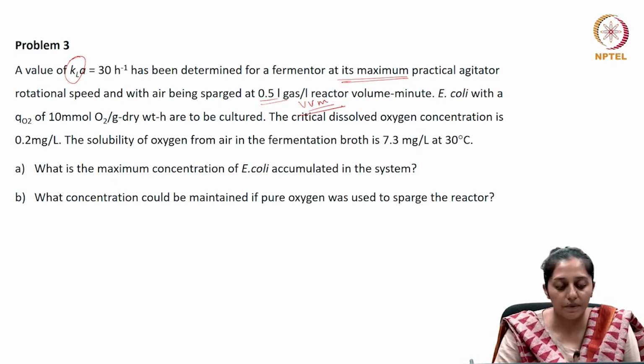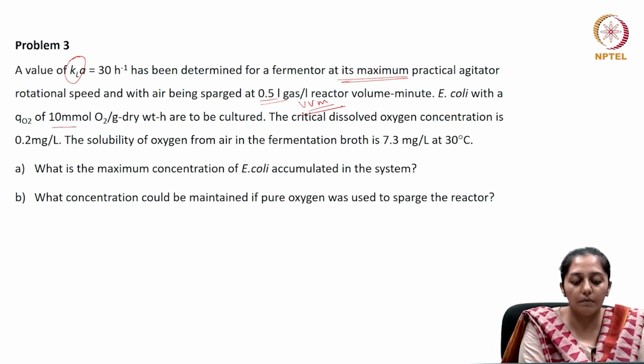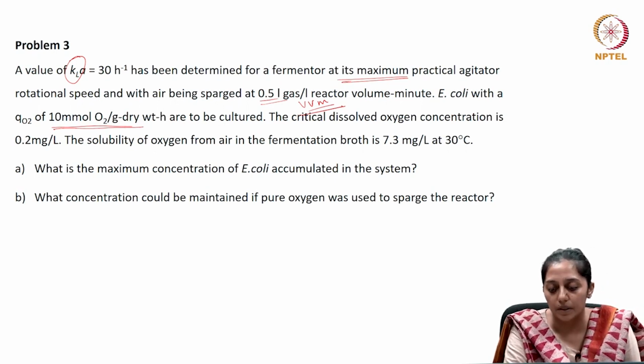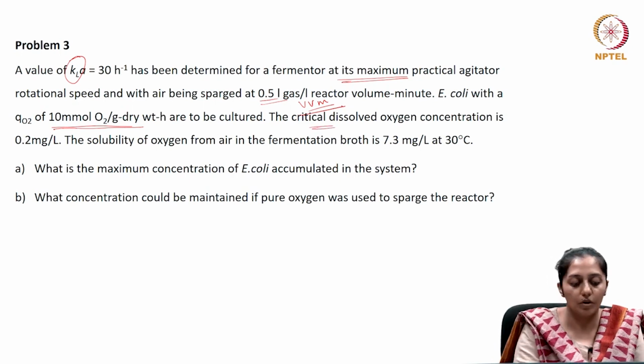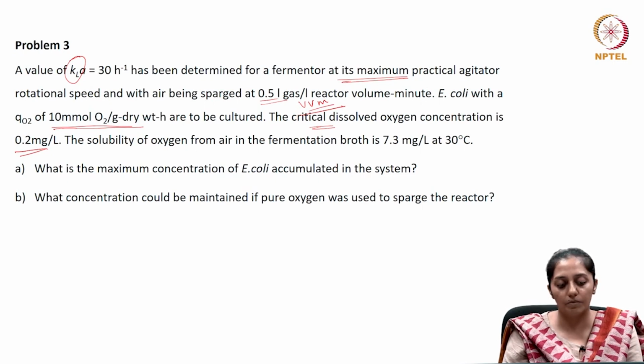Now, E. coli is grown in this fermenter. It has a specific oxygen demand of 10 millimole O2 per gram dry weight per hour. The critical dissolved oxygen concentration, which means the oxygen concentration level below which the fermentation cannot be run, is the minimum bulk oxygen concentration possible, 0.2 mg per liter.